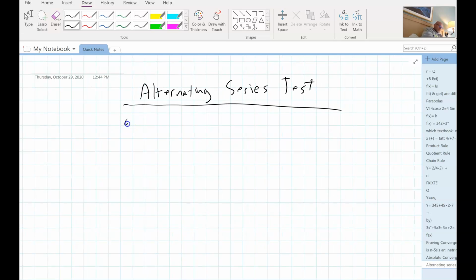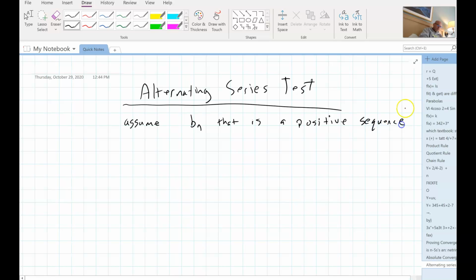So we're looking at a series and we assume there's a b sub n that is a positive sequence. This is a sequence because there's no summation on top or next to it. Okay? That is decreasing and converges to zero.